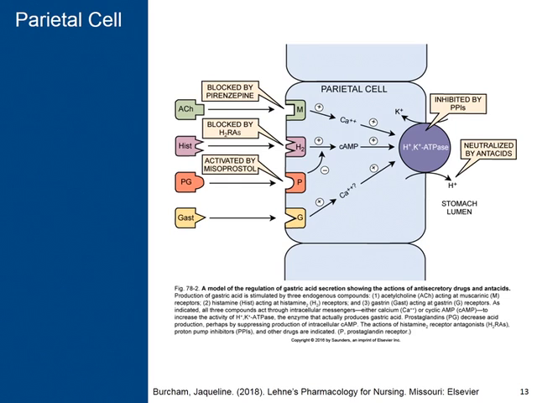Similarly, the orange receptor below that is a prostaglandin receptor. And so prostaglandin analogs like misoprostol will activate that receptor. And then what you see here is a turning off of the histamine 2 receptor. And so again, that's going to decrease your outflow of hydrogen ions. Other drugs that potentially impact this pathway: if you look at the purple pump, you can see that it's inhibited by the PPIs, or proton pump inhibitors.